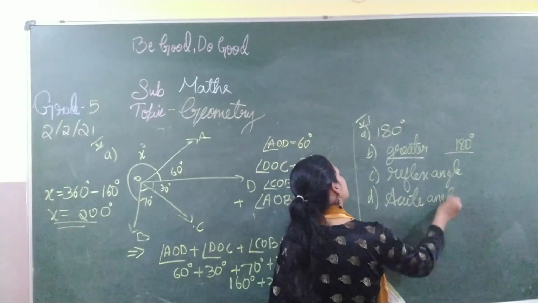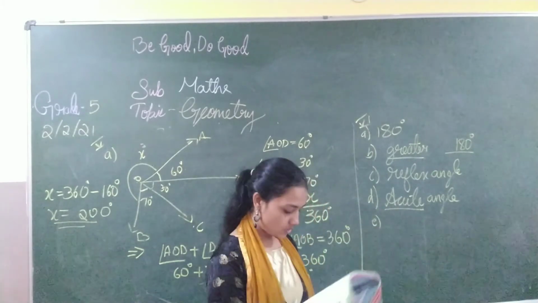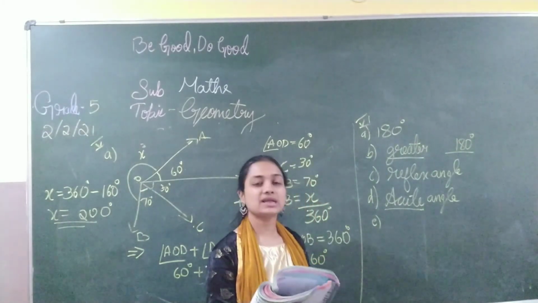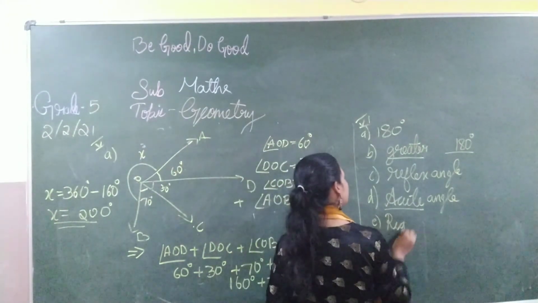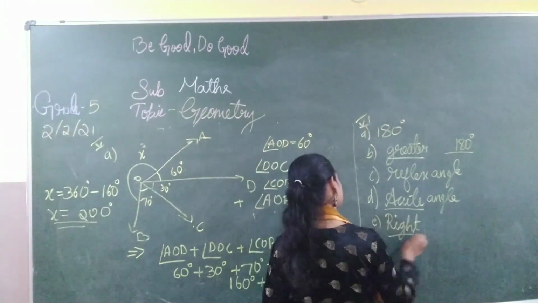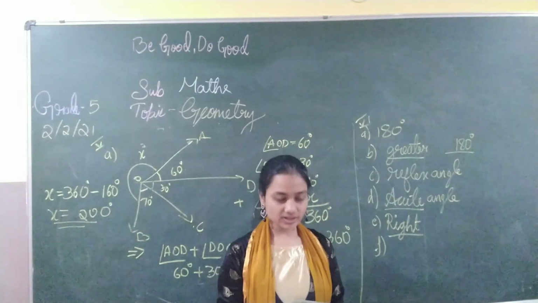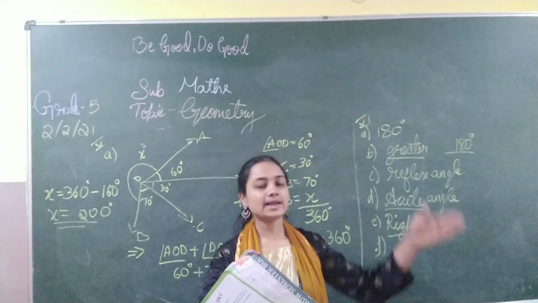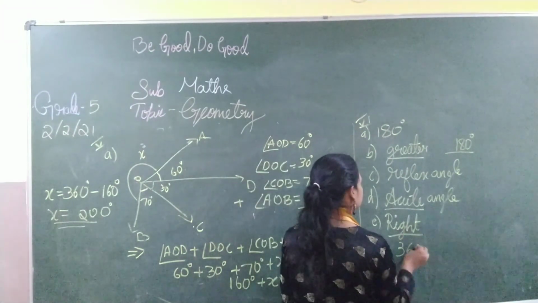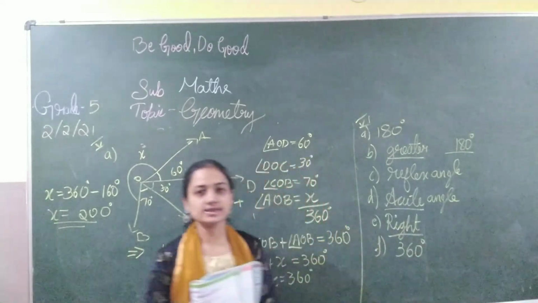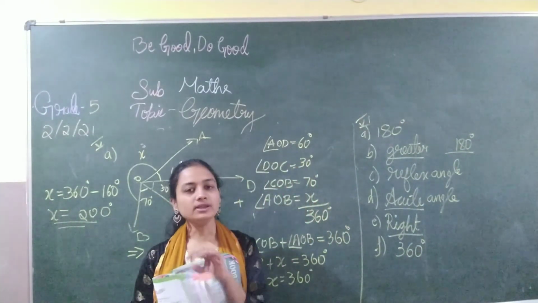Fifth one, dash angle measures 90. Right angle. The last one, a whole angle measures exactly, whole angle, complete angle measures 360 degrees. By this, we have completed exercise 11.2.